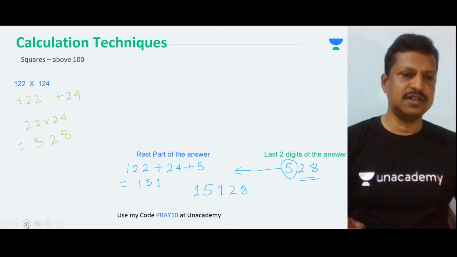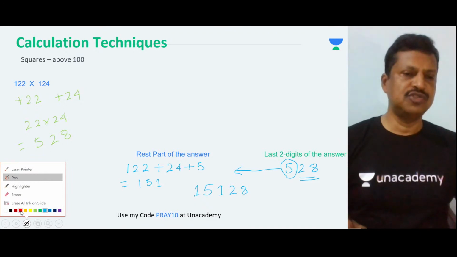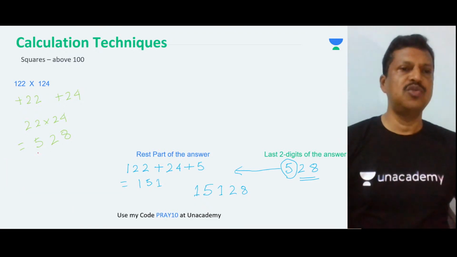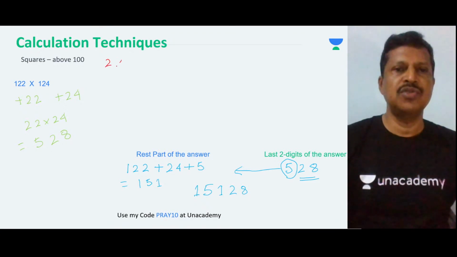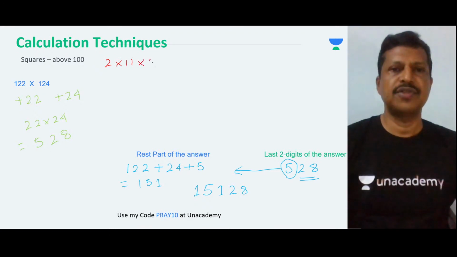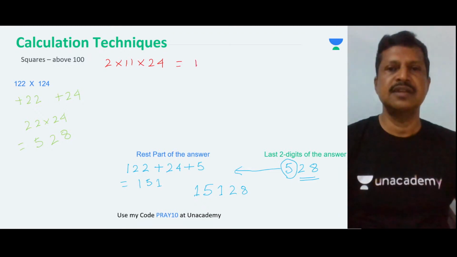The question was to find 22 into 24. If I write 22 into 24 this way, it is 2 into 11 into 24. So the question is 11 into 2 into 24, which is 48, right?